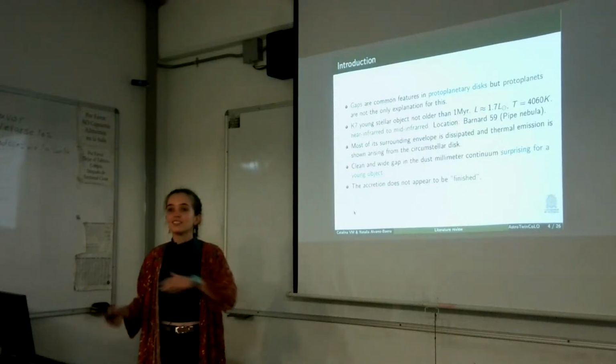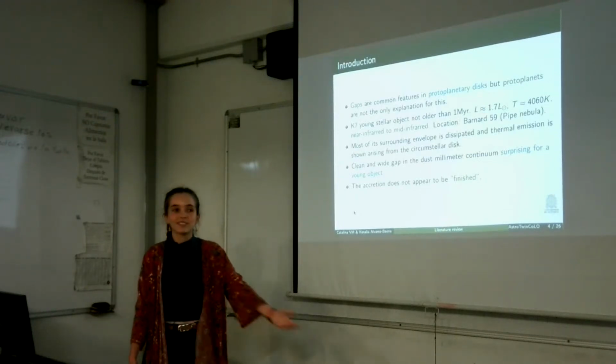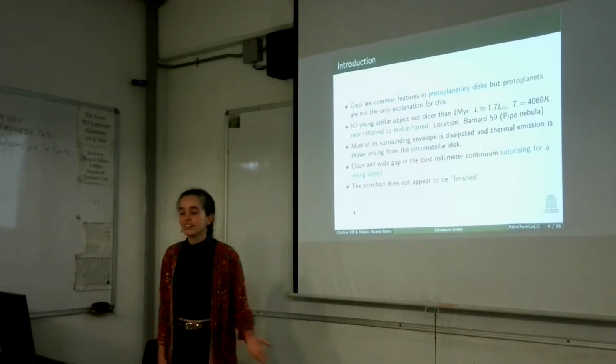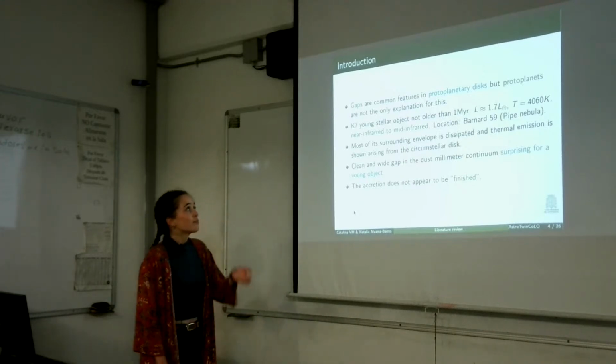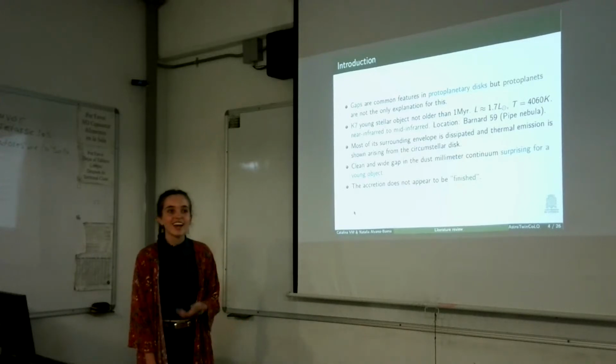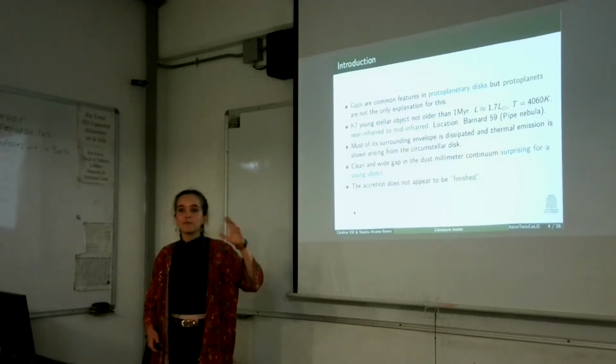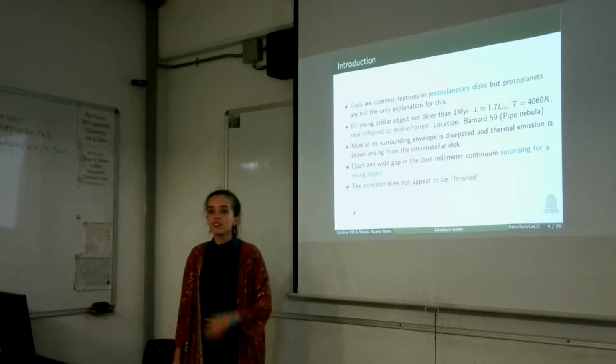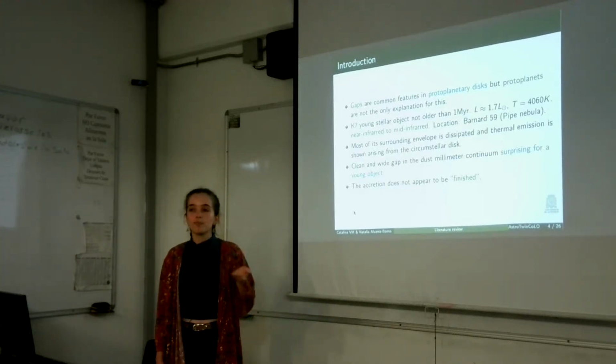Okay, so as we have seen all week, protoplanetary disks have protoplanets, of course, and we can see them by gaps. But gaps are not the only explanation for planets.